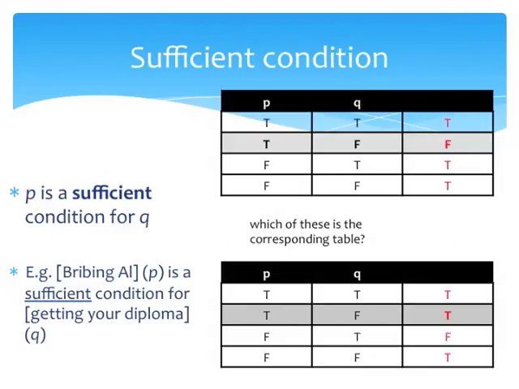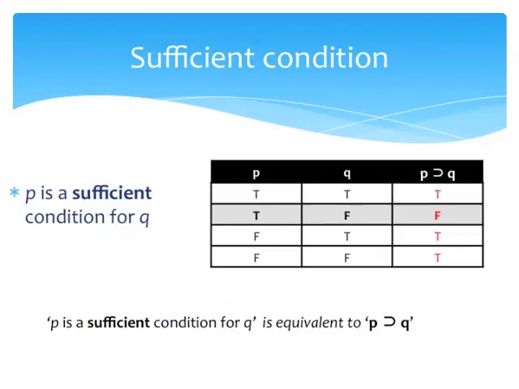And what is ruled out is that you bribe Al but don't get the diploma. So it should be false in the case where P is true and Q is false. And that is what happens in the second row. But notice that the table we end up with is the same as the one for the conditional. So we can see that P is a sufficient condition for Q is equivalent to if P, then Q.